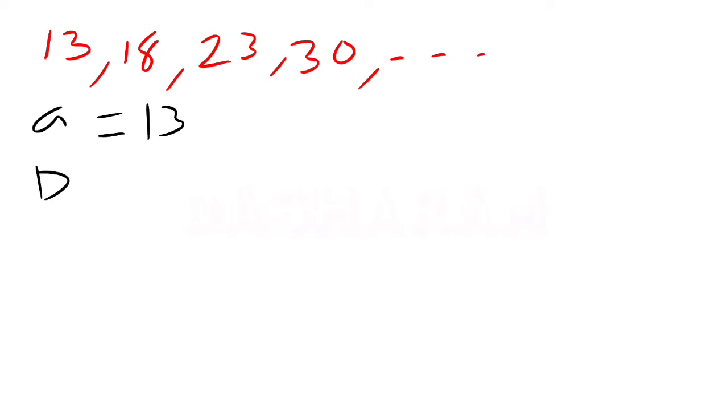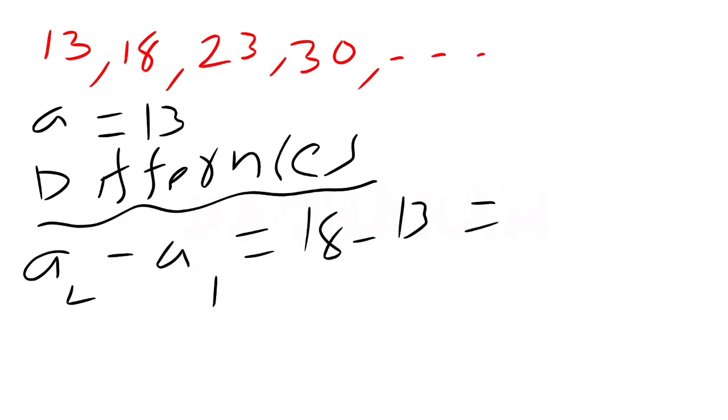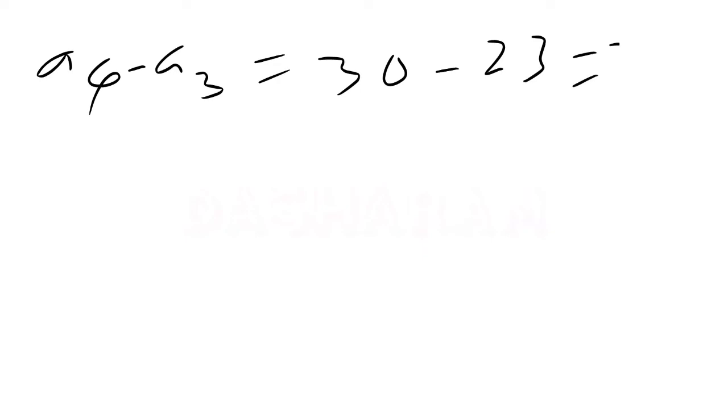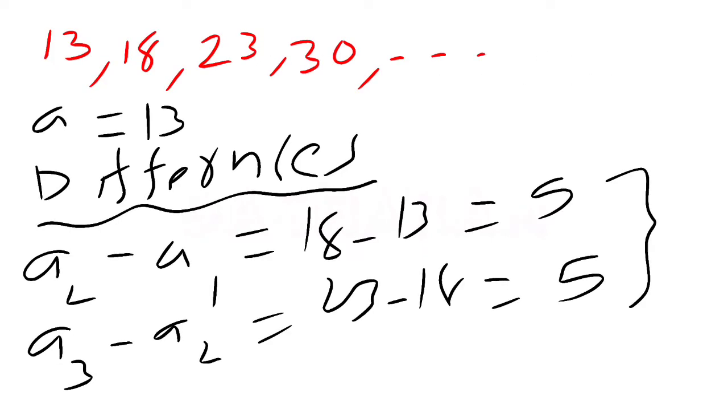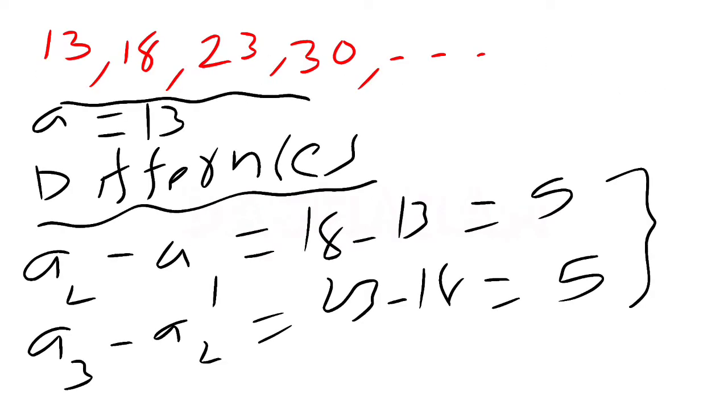Now we have to verify whether the given list forms an AP, so let's find the differences. a2 minus a1 is 18 minus 13, which is 5. a3 minus a2 is 23 minus 18, which is 5. a4 minus a3 is 30 minus 23, which is 7. The first two differences are the same, but the third is different, so the given list of numbers does not form an AP.